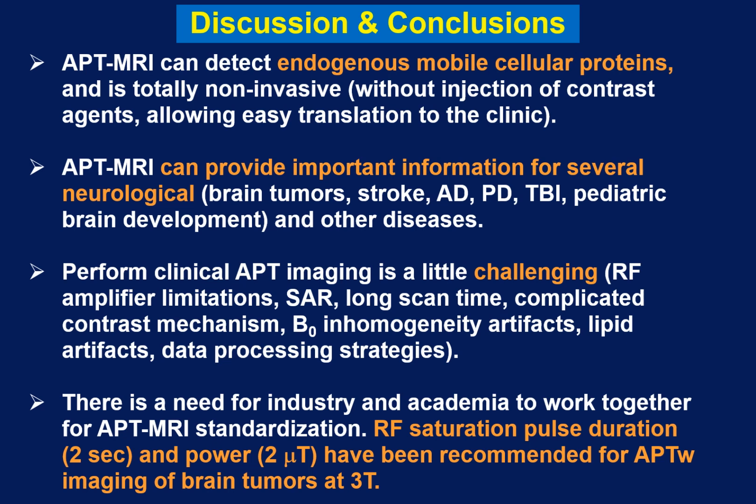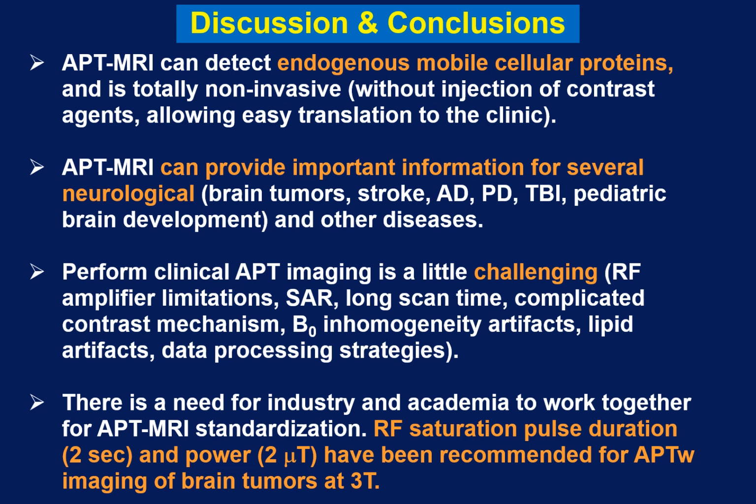Conclusion: APT MRI can detect endogenous mobile cellular proteins. It is totally non-invasive and can easily be transferred to the clinic. So APT MRI can provide important information for cerebral disease, brain tumor, stroke, AD, PD, TBI, pediatric brain development, and other diseases. Doing clinical APT imaging is a little challenging now because of hardware limitations and the time is still a little long.